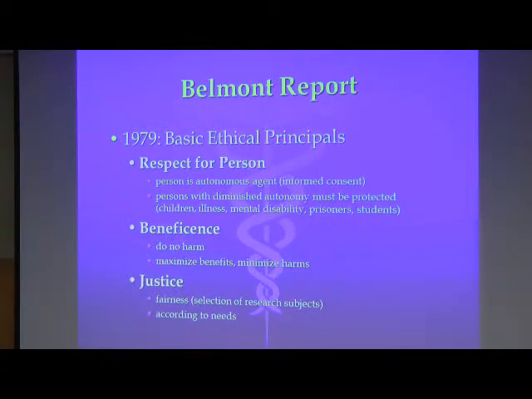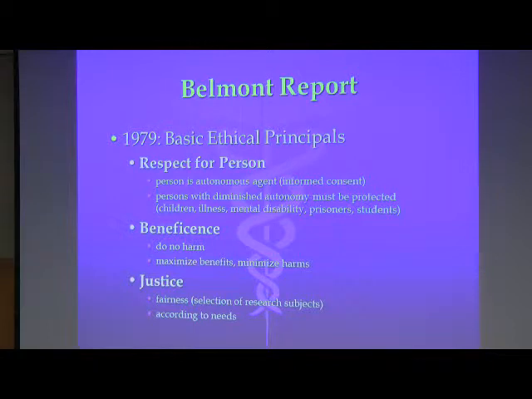In 1979, we have the Belmont Report, which is another key time period in history, where they come up with three basic ethical principles: respect for persons, which is autonomy, basically the concept that the research subject is an autonomous agent, and that there are people who have diminished capacity, who have diminished autonomy, so children, people with illnesses, prisoners, students.